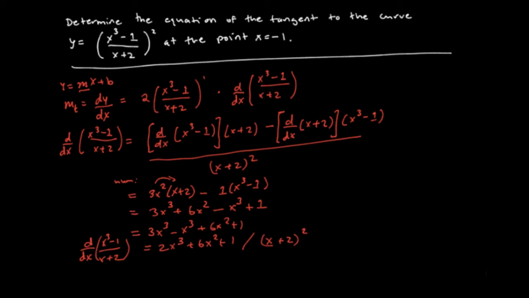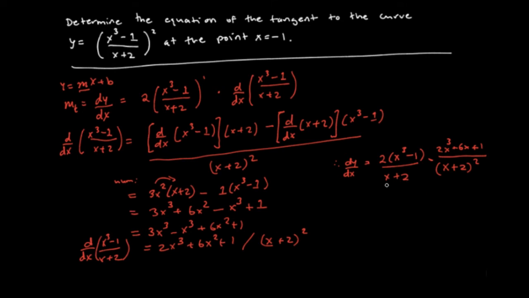And then what we want to do is collect these two together. So therefore dy over dx should be equal to 2 times x cubed minus 1 over x plus 2, times 2x cubed plus 6x squared plus 1, divided by x plus 2 squared.